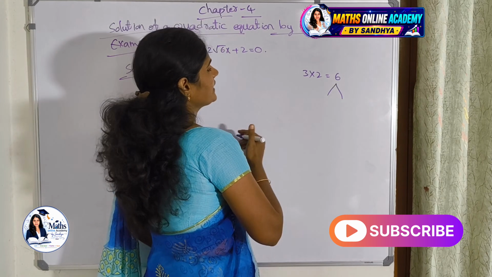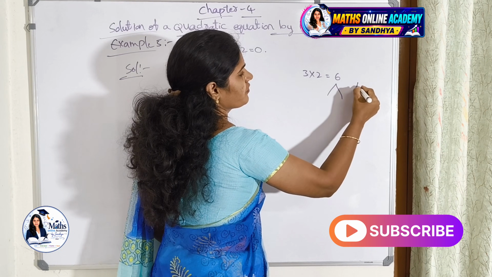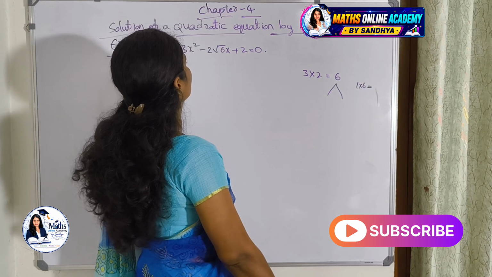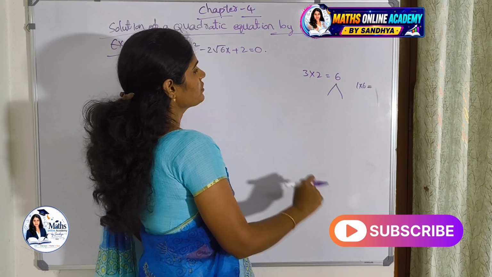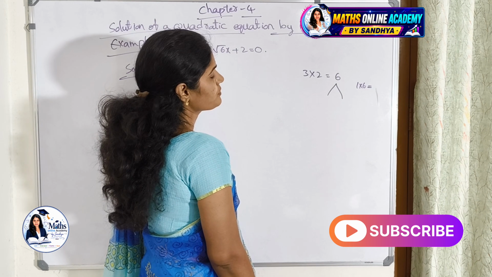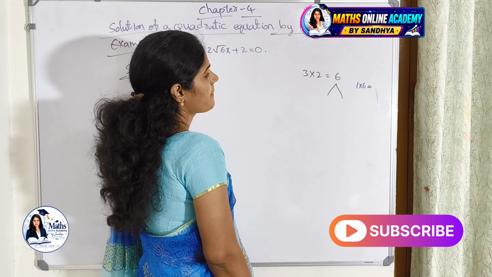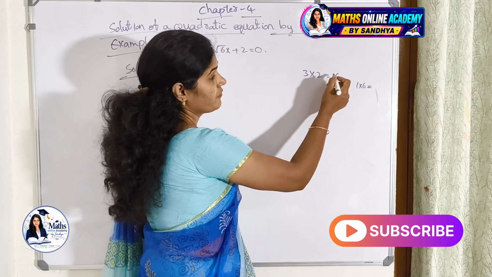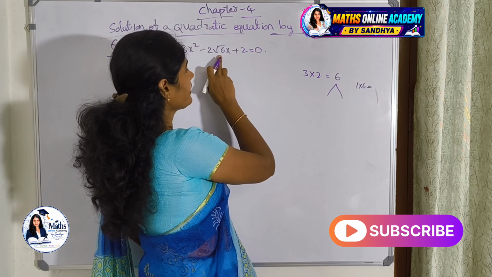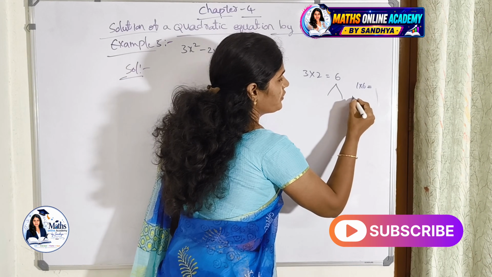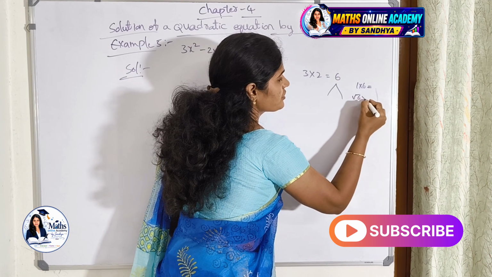Okay. Let's take for 6: 1 into 6, okay na? 1 into 6. But we want 2 root 6, na? 2 root 6 means, how do we get it? For 6, root 6 is there. You can take root 6 into root 6.